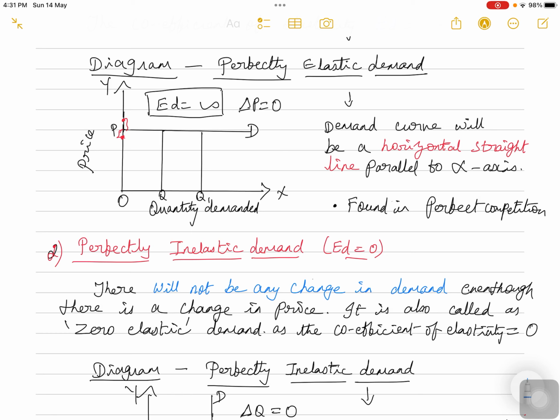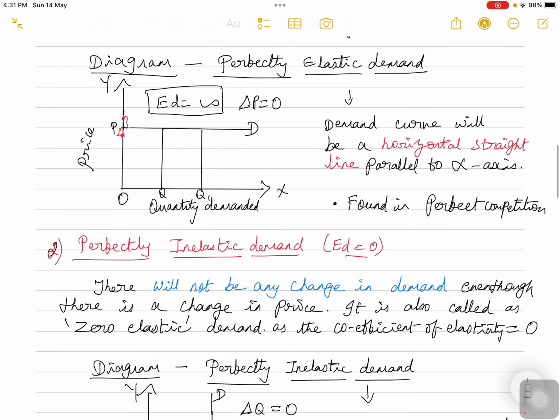This is normally found in perfect competition. If you remember perfect competition, a large number of buyers are there, isn't it? And the sellers are selling identical commodities. One of the conditions of perfect competition is a large number of sellers and buyers. So let us take the sellers. If all these sellers are selling identical commodities and one seller decreases the price, what will happen?